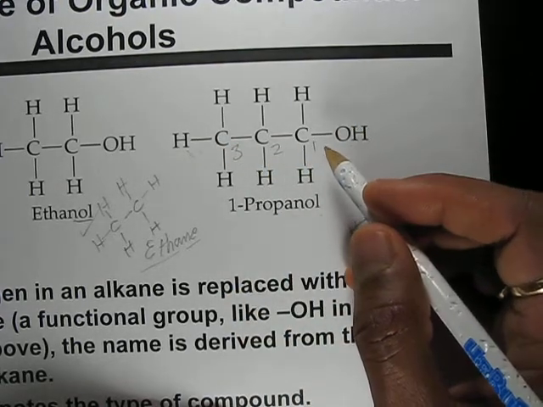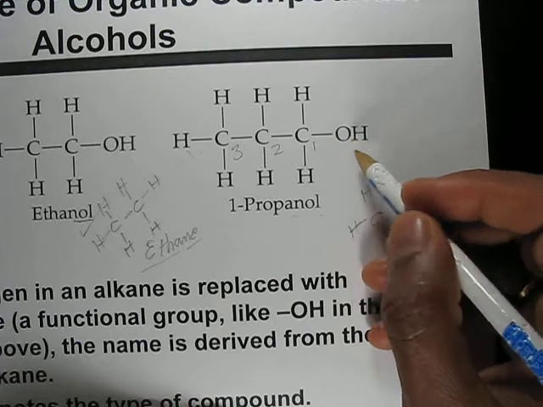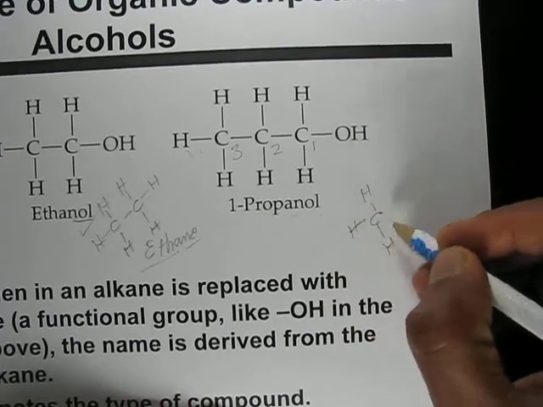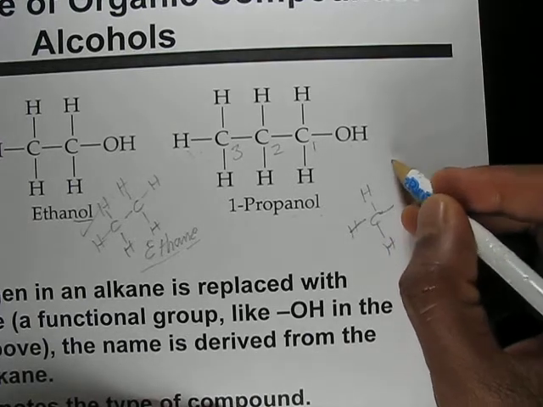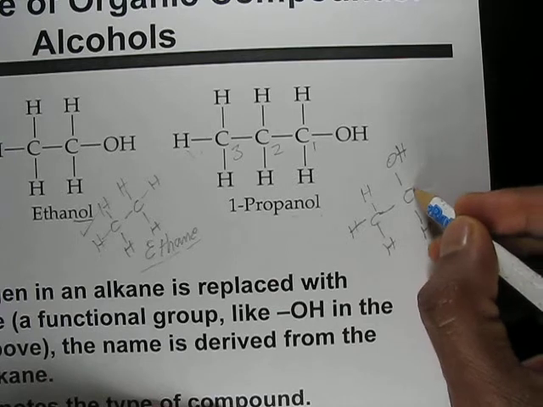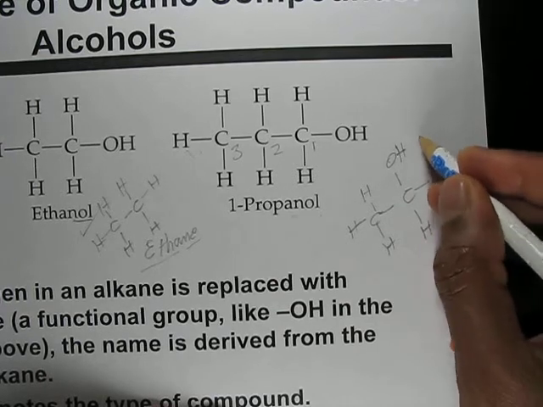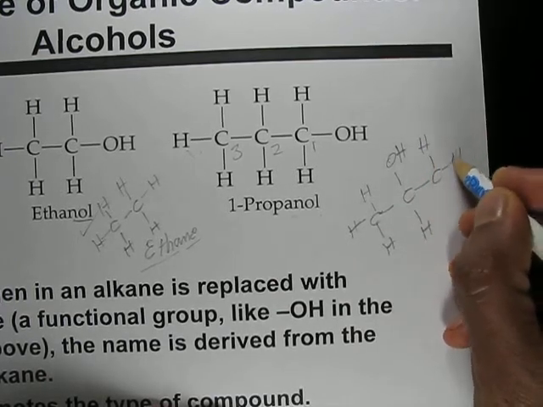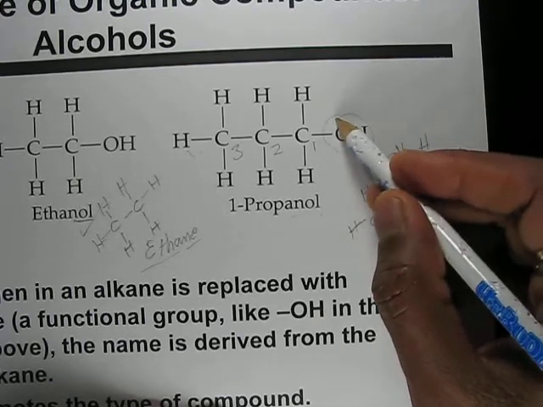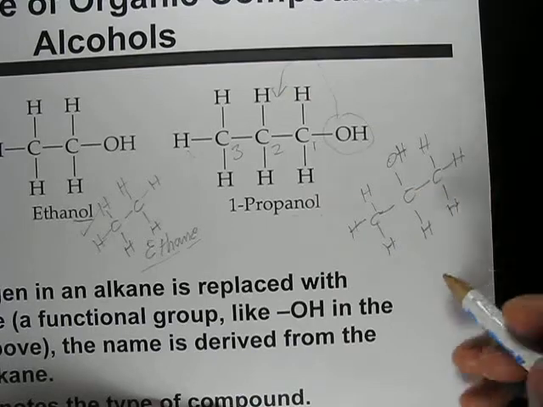Usually we start numbering the carbon from where the functional group is attached. So let's see, if this OH group is attached to carbon number 2, then what will be the name here? Carbon, hydrogen, hydrogen, hydrogen. You can see I moved the OH group from here to here, right?